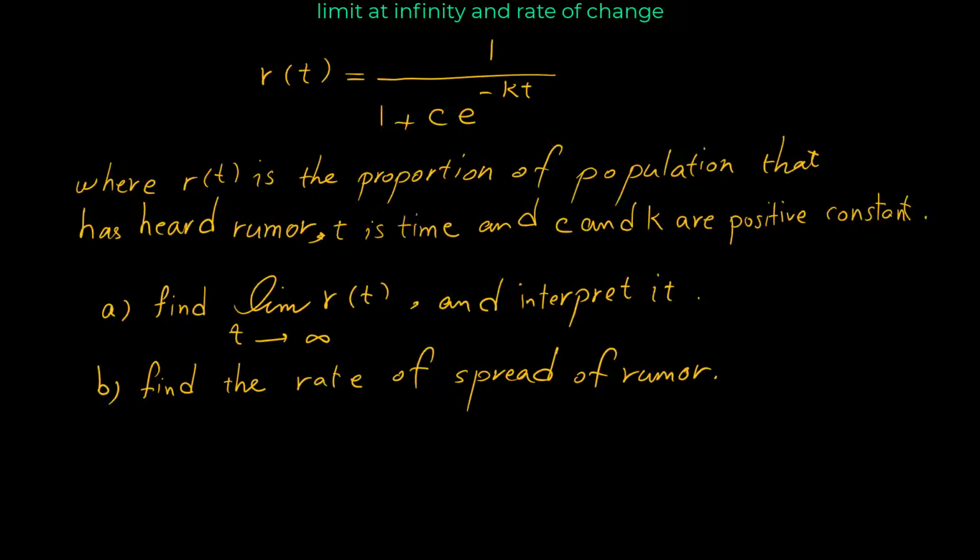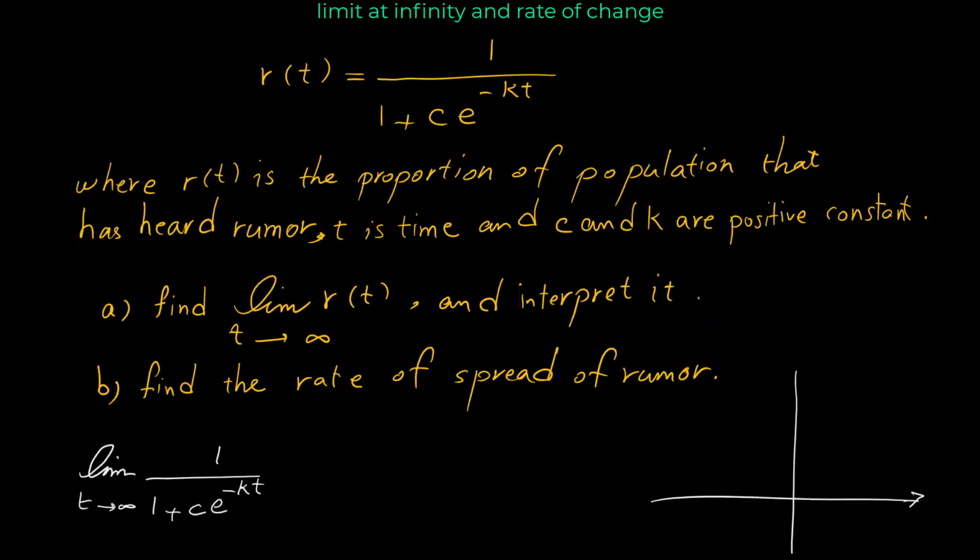So we want to find the limit of 1 over 1 plus c e to the power of negative kt when t approaches infinity. Let me remind you the graph of the function y equals e to the x. The graph of e to the x is something like this.